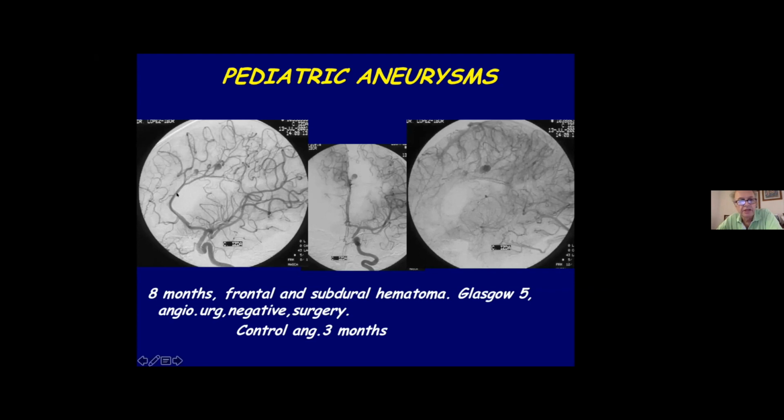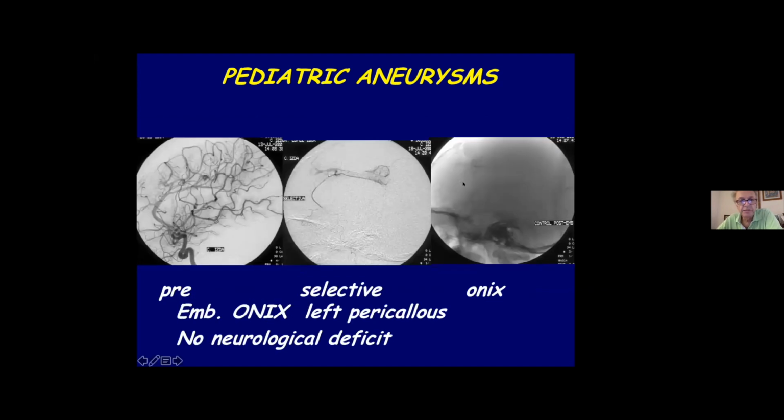This is the right pericallosal, but this is the left, hypoplastic. To treat this, I decided to navigate with a small microcatheter, Magic, to this point, and then glue it.